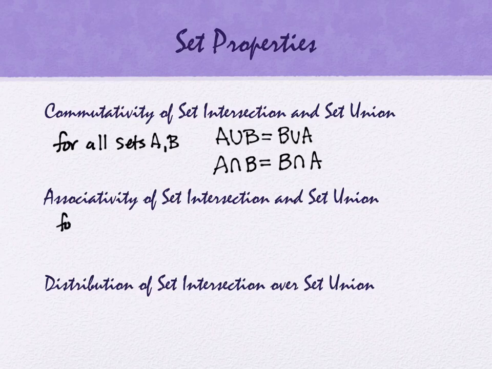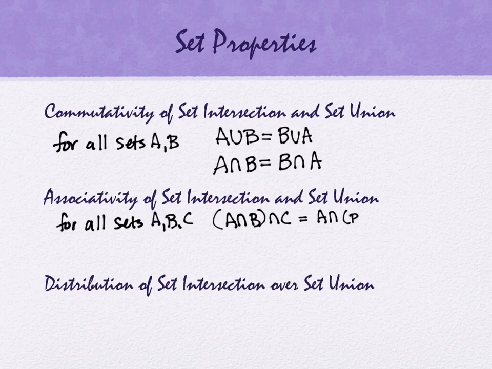Associativity also starts out with for all sets, but we need three of them. So for all sets A, B, and C. If we do the intersection of A and B, and then do the intersection of C, it's the same thing as intersecting A with B intersect C. And it's the same true for unions.